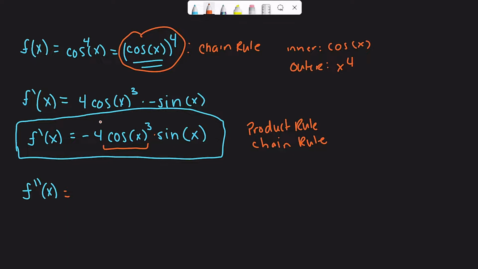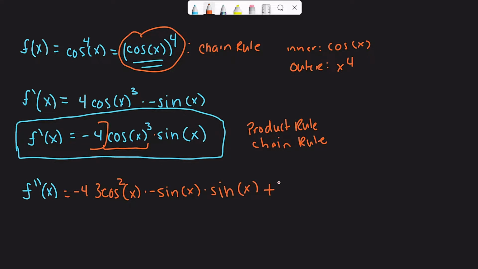So let's move our constant out to here, negative 4, and then we will do our product rule, and we get the derivative of this first term, which is 3 cosine of x to the second power times the derivative of the inner function, cosine of x, so again, negative sine of x, and then we multiply that by the second term of the product, so it's just sine of x.